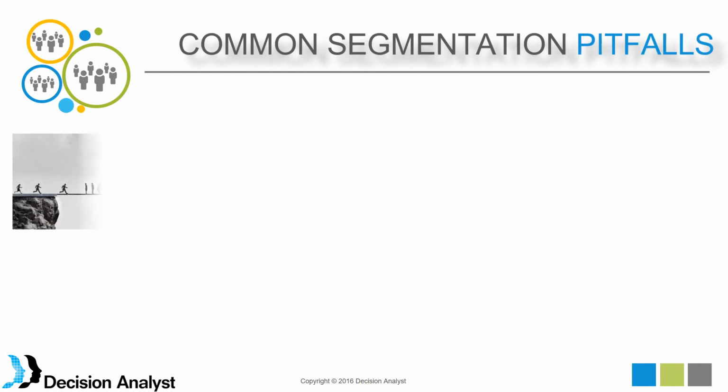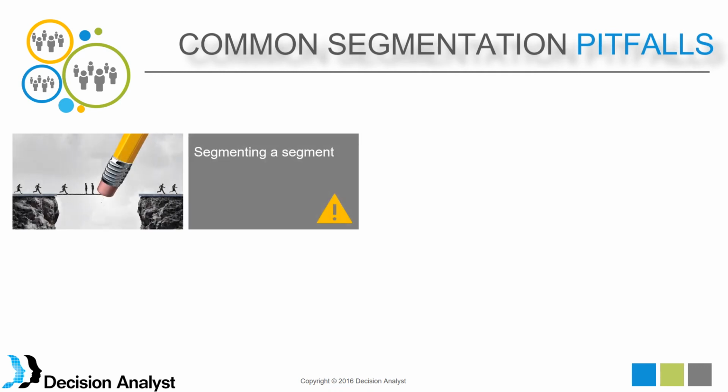The first major pitfall is segmenting a segment, and we all have temptations to do this. A marketing team could come to you and say, I want to understand the different types of 18 to 24-year-old females who live in Vermont and like to hike.